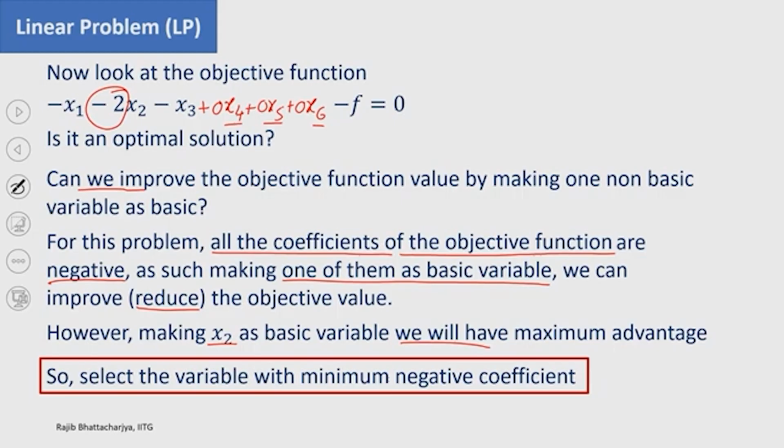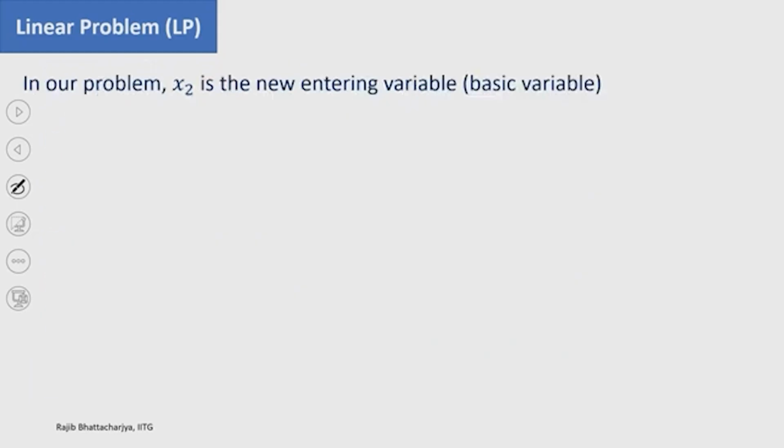So, what is the first rule? Select the variable with the minimum negative coefficient. Out of these, we select the coefficient having the minimum negative value. So, this is the first rule. Now, in our problem x2 is the new entering variable, which we will call the basic variable.